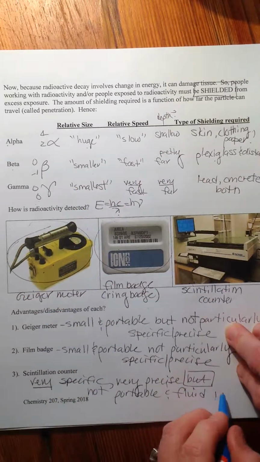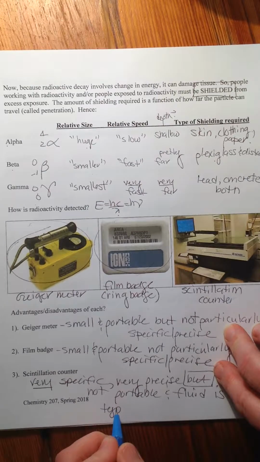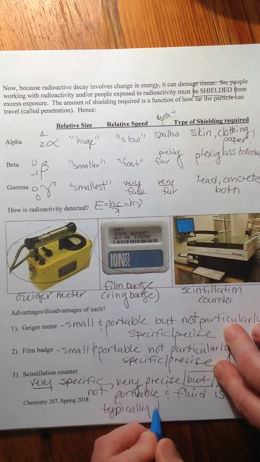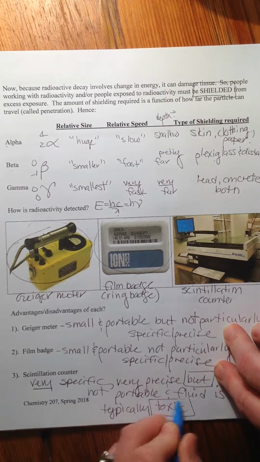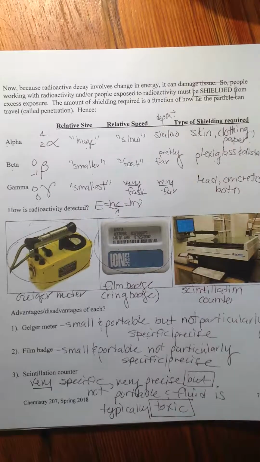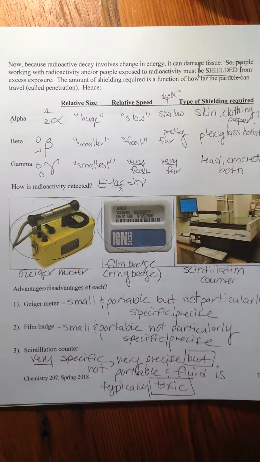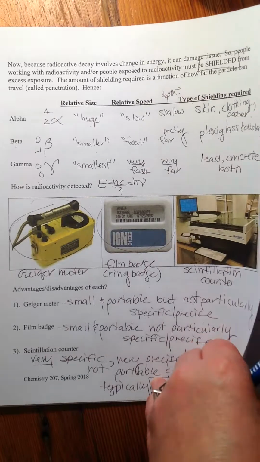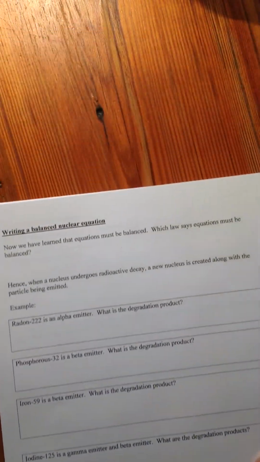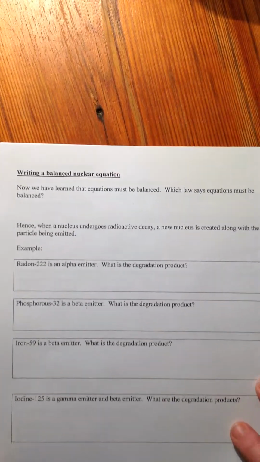The fluid is typically toxic. Okay, something that is specifically used for this purpose is going to be likely toxic to our environment. On the next segment, we're going to begin with writing a balanced nuclear equation.